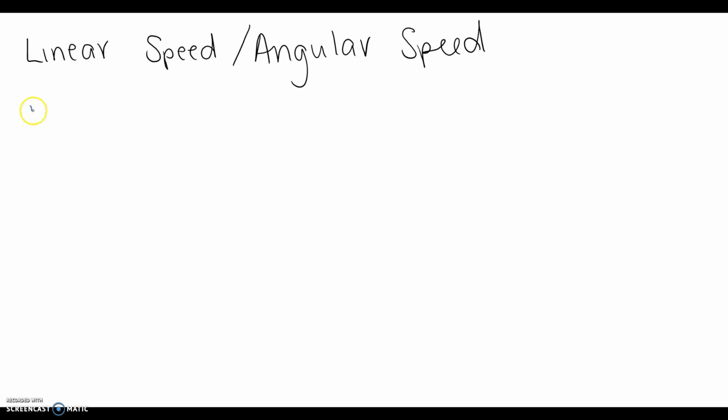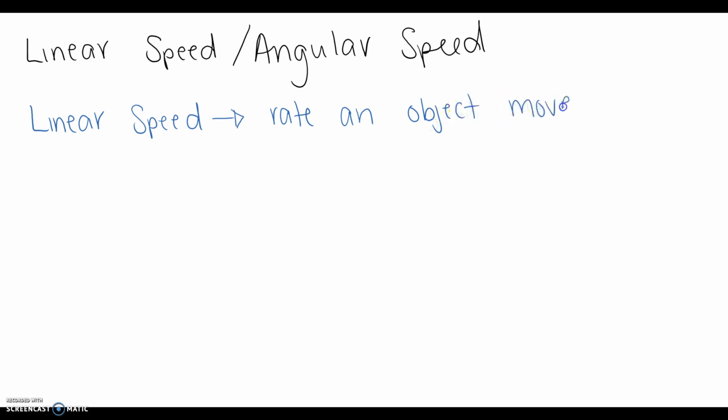Linear speed is going to be the rate an object moves along a circular path.